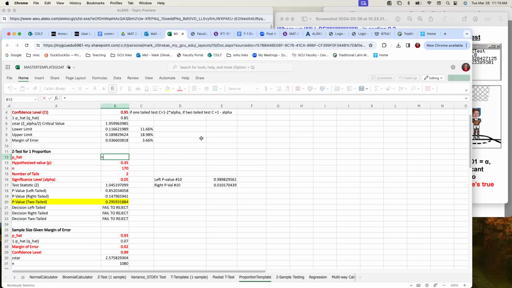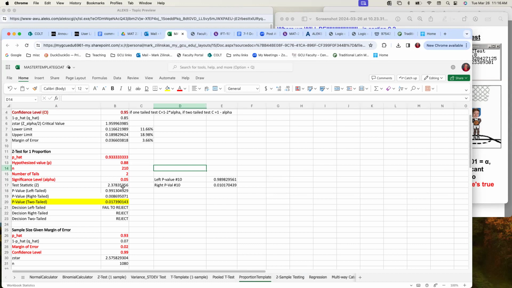So I'm just going to put equals 196 divided by 210. My hypothesized P value is 0.88. And we had 210. Substitute that in. This is a two-tail test. So, by the way, here's my p-value exactly.